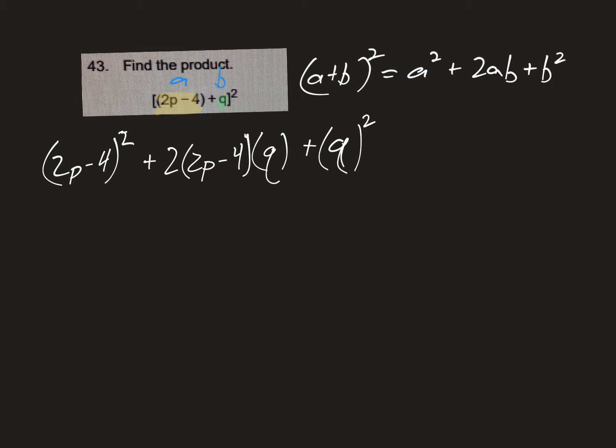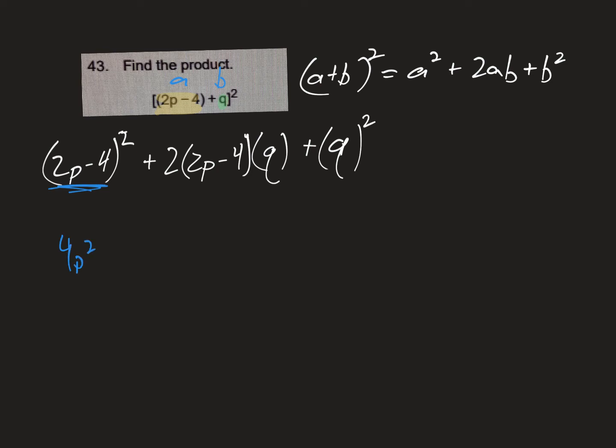And forgive me if my q's look a little messy here. So now, again, once we've got this, we can simplify it down, combining whatever pieces we can. Now, this very first term is kind of interesting. It's another binomial squared, and we could apply the square formula again. We can FOIL it again. But either way, you should get this.